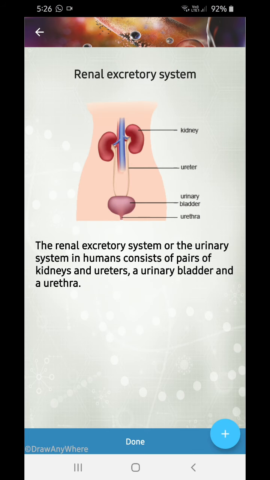Renal excretory system. The renal excretory system or the urinary system in humans consists of a pair of kidneys, the ureter, urinary bladder, and urethra. Now see what is happening.